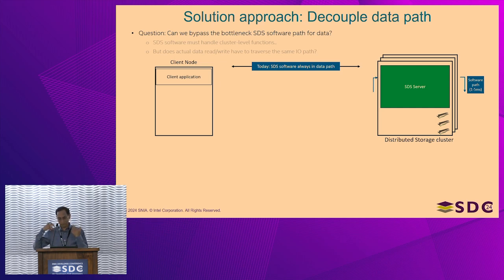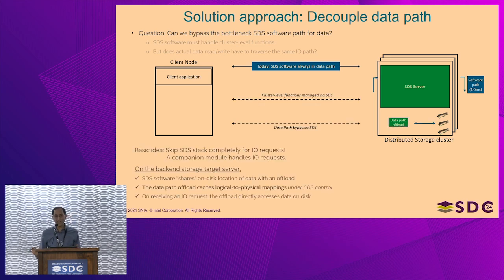Like for a given extent or for a given object in the storage service, how many replicas, if it's replicated, or EC shards, et cetera, where that data should be, if a server goes down, who takes over, and all of that stuff will still be handled by the SDS middleware layer. But for the actual I/O, we want to basically avoid that bottleneck software path.